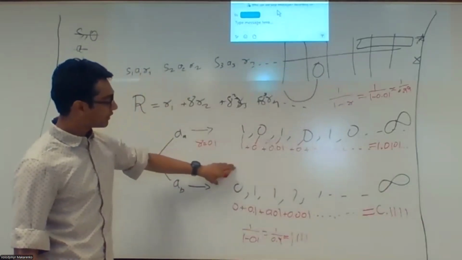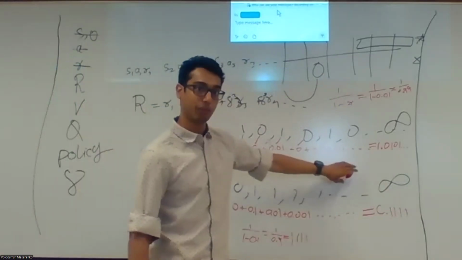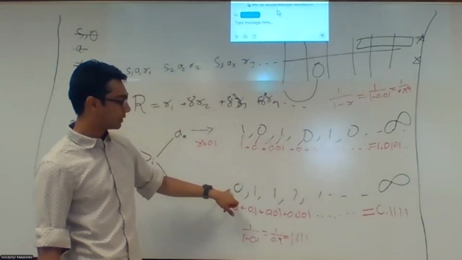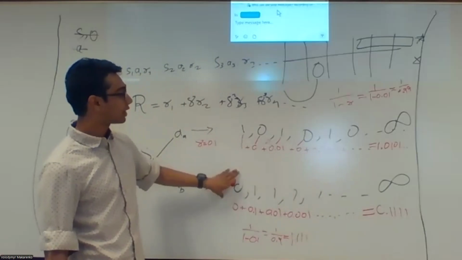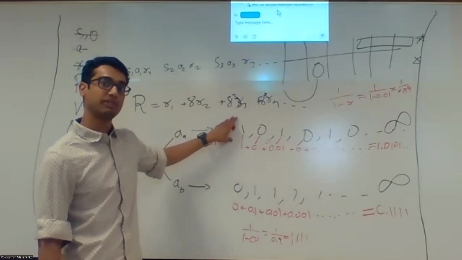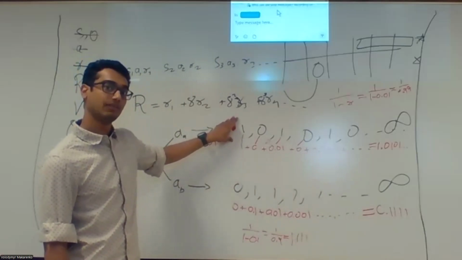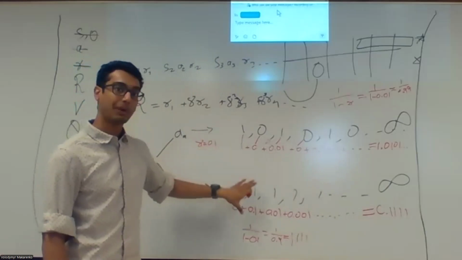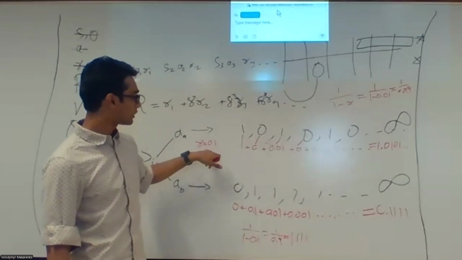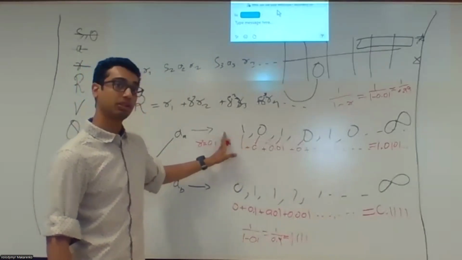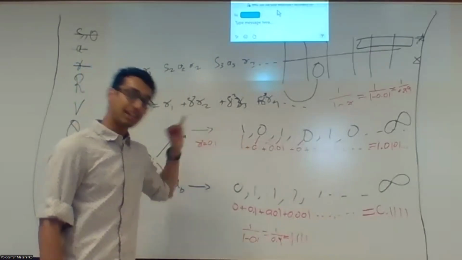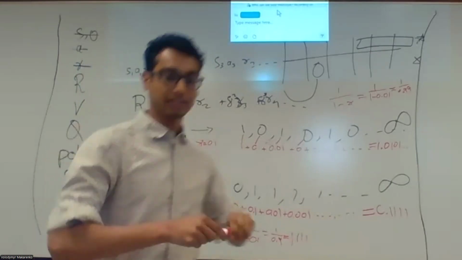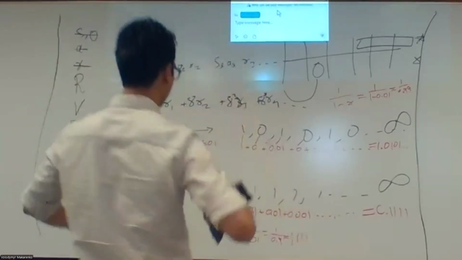So even though technically this is a continuous series of ones, because the first value is not 1, it's not as valuable as the entire top series. Using a gamma of 0.1, we get a value like this. A gamma of 0.1 gives more preference to the immediate reward. Let's try the same exercise with a gamma of 0.9.